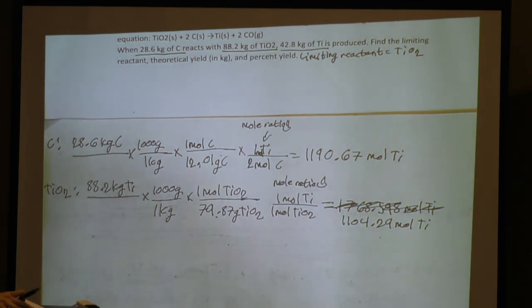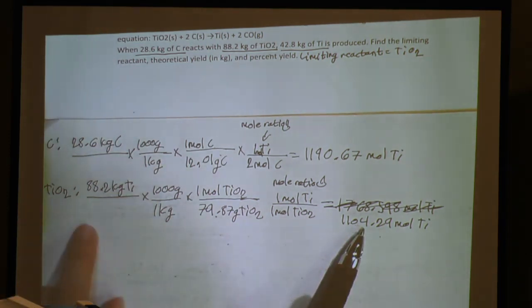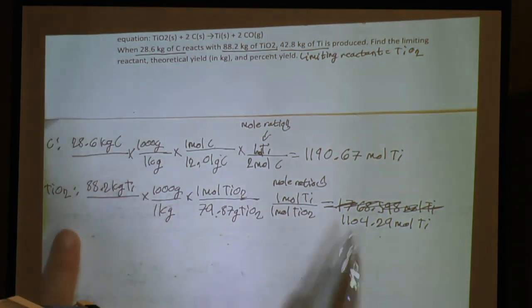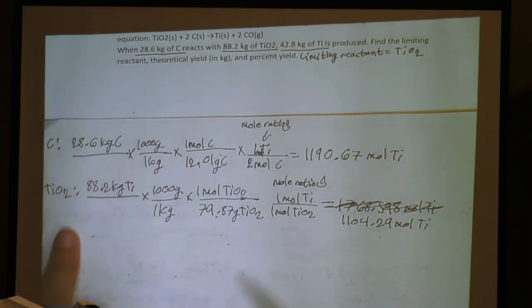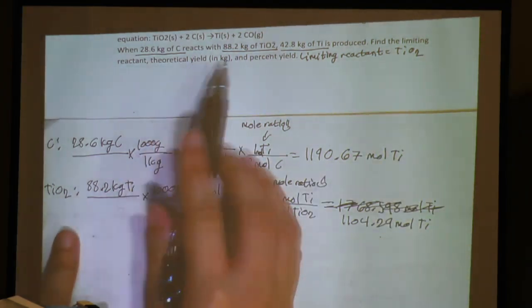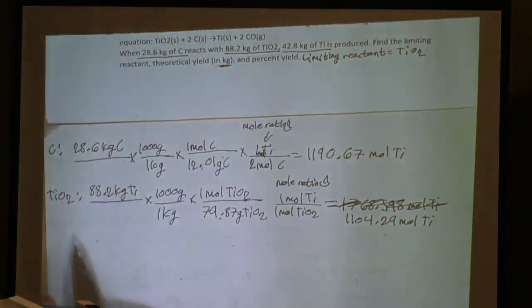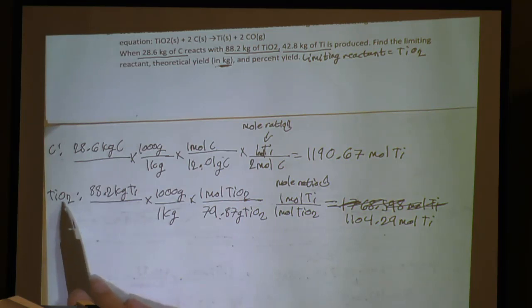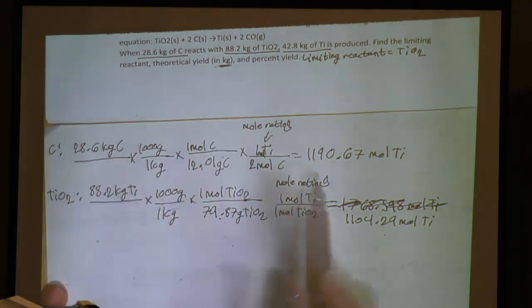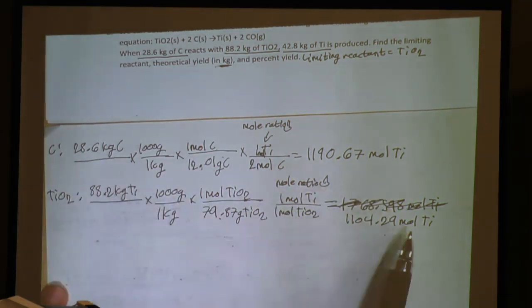So now that we have our limiting reactant, we want to see what the theoretical yield is going to be. And they ask for theoretical yield in kilograms. Like we said, although carbon could keep making more, TiO2 can only make this much.